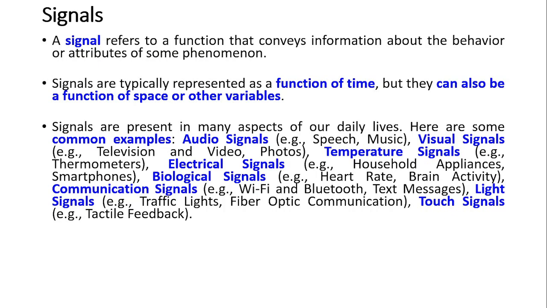So what are signals basically? Signals are nothing but a function that conveys information about the behavior or attributes of some phenomena. In general, it is a function of time, but it can also be a function of space or of other variables. So what does this mean?